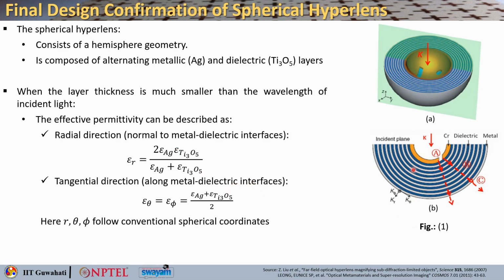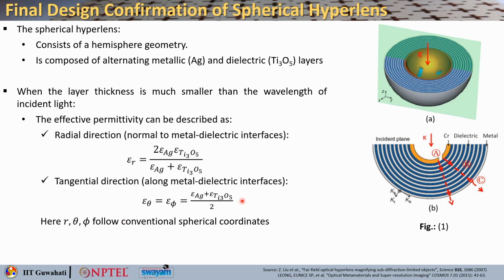So, what you see in the radial direction, the permittivity epsilon r can be written as 2 epsilon Ag times epsilon Ti3O5 divided by epsilon Ag plus epsilon Ti3O5.